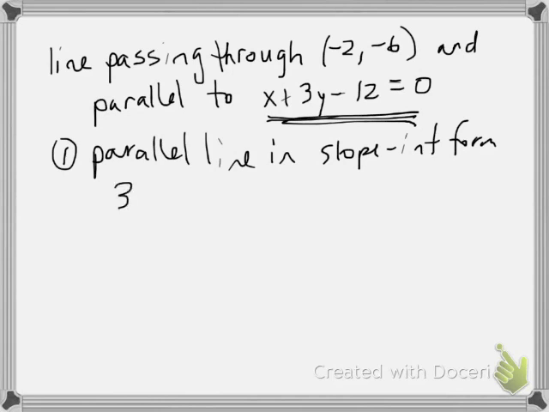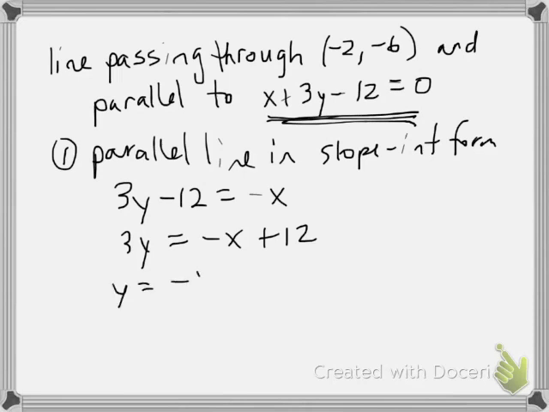So the first thing I'm going to do is subtract x from both sides. Then I add 12 to both sides. And the last thing I'm going to do is divide every single term by 3. Again, I divide every single term by 3, not just one of the terms.